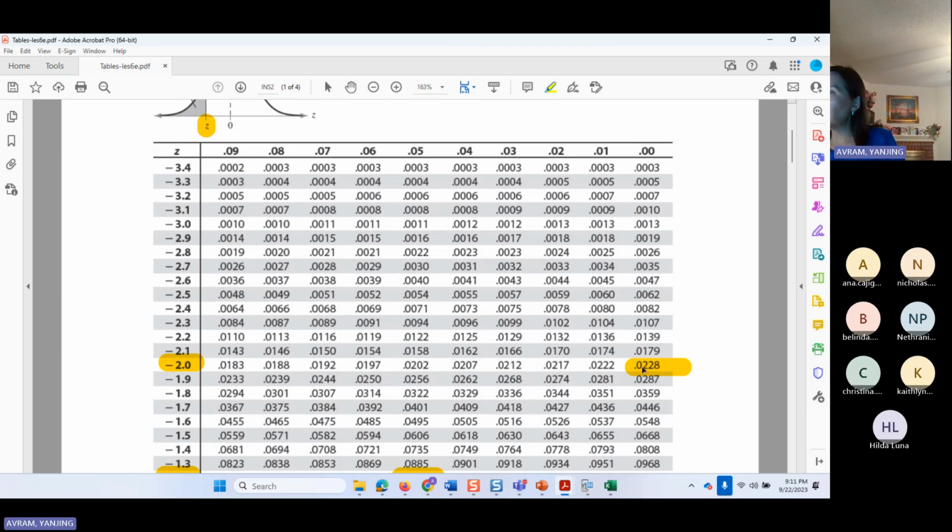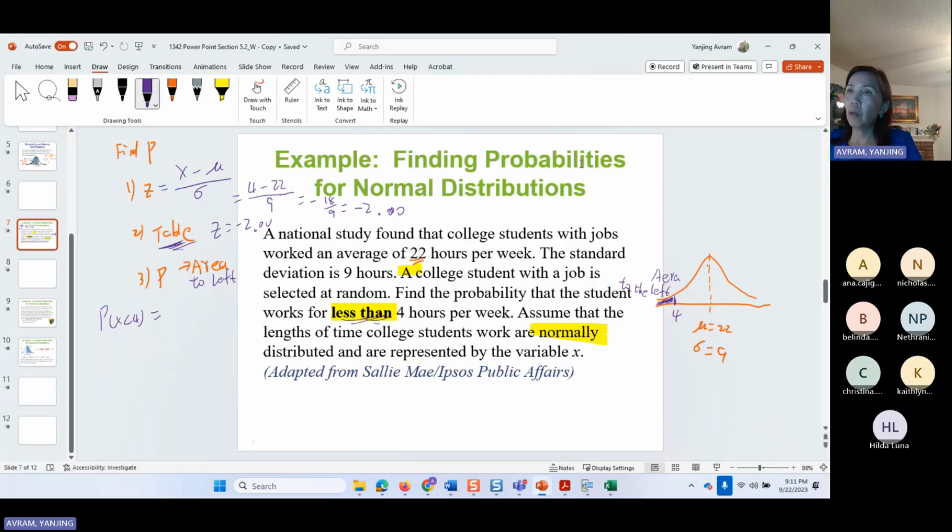So I have negative 2.00, and that is 0.0228. If I change it into a percentage, that means 2.28%, a little bit less than 3%. So apparently a lot of students have to work, right? That's why we have weekend college here. Only less than 3%.